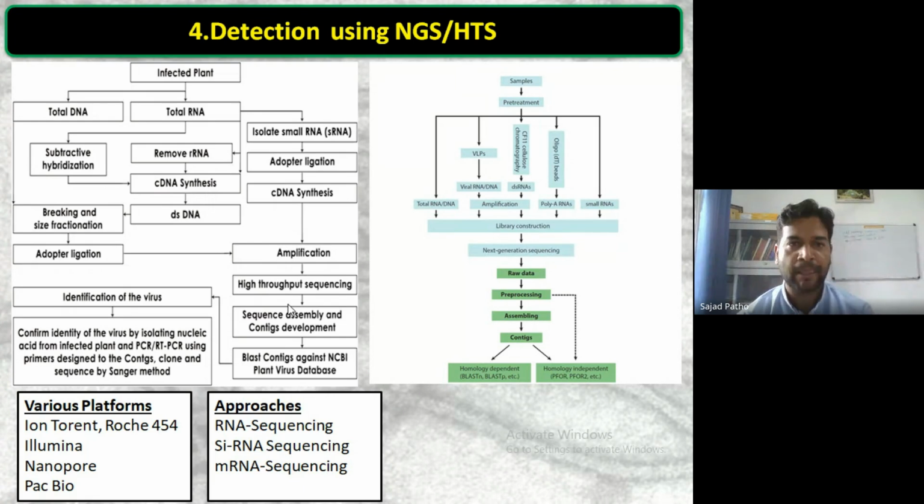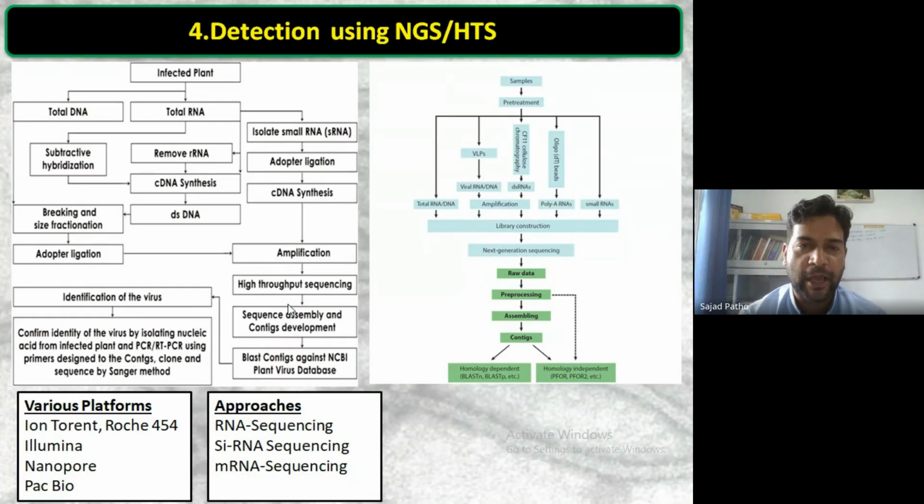So now another approach has come. For example, if we have a plant, we don't know which viruses or which type of disease it is infected with. So we now have an approach called high throughput sequencing or next generation sequencing. We don't need any information before that. For PCR or ELISA, we need prior information about which virus it might be, so accordingly we go for designing the primers and then amplification.